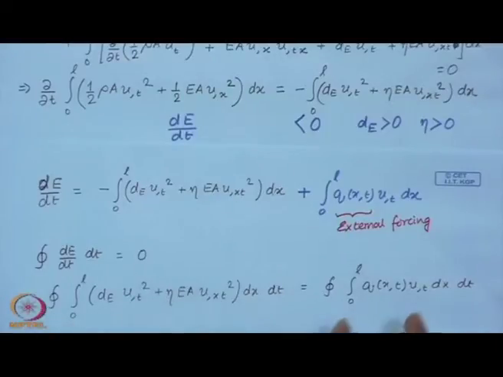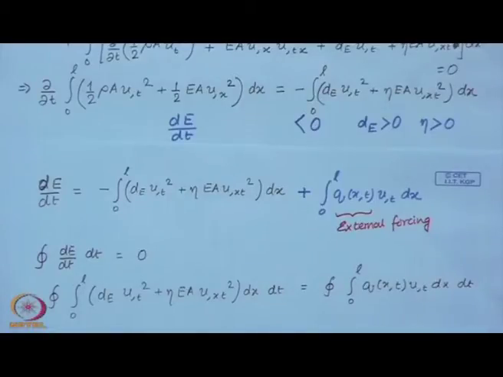So, what this says is the energy provided by the forcing over one cycle is equal to the energy dissipated by the damping terms over one cycle. So, from here you can estimate many things. For example, you can estimate the damping.